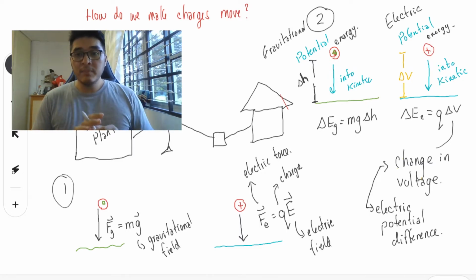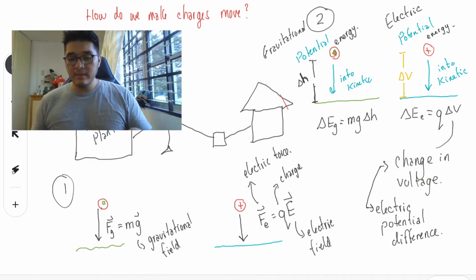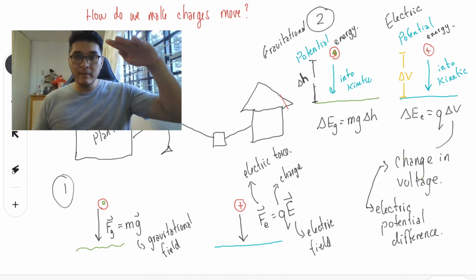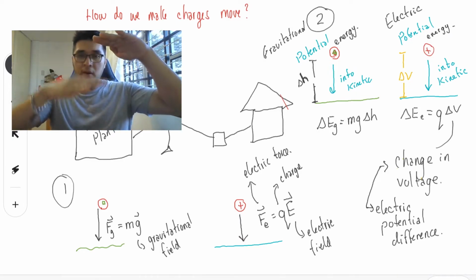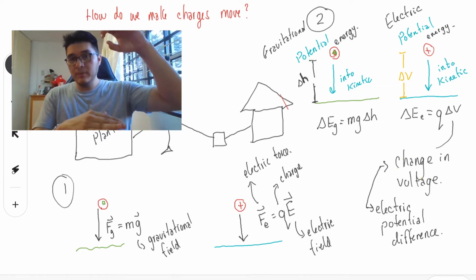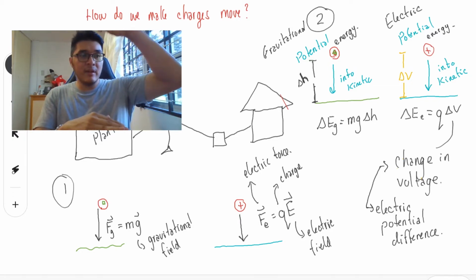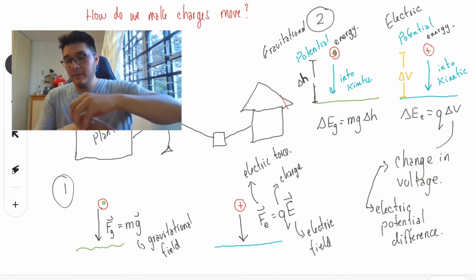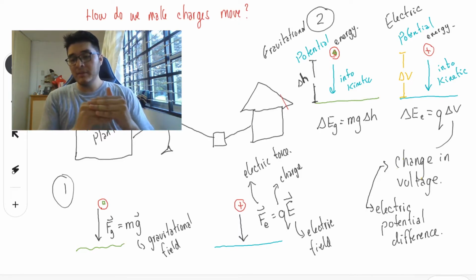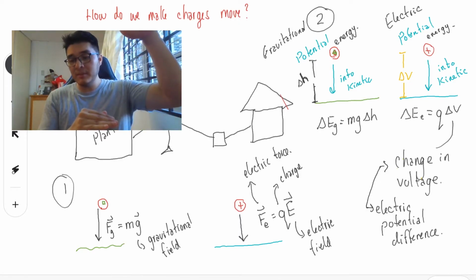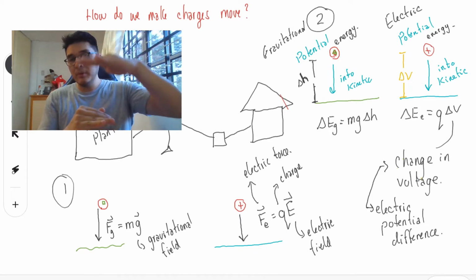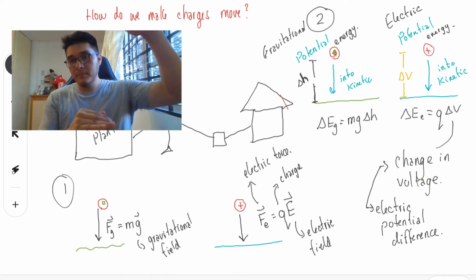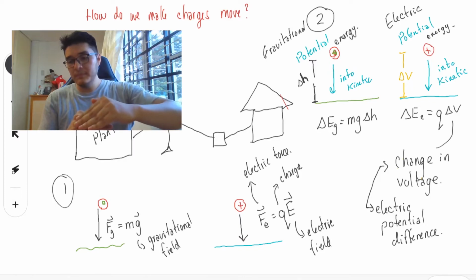Well, one analogy that people use is they have a height to represent like a waterfall. So when you're up at the top of the waterfall, you have some potential energy. And as you're falling, it turns into kinetic. So it's the same thing with the electric potential. So when you go from a high potential to a low potential, you're going to be speeding up or slowing down.